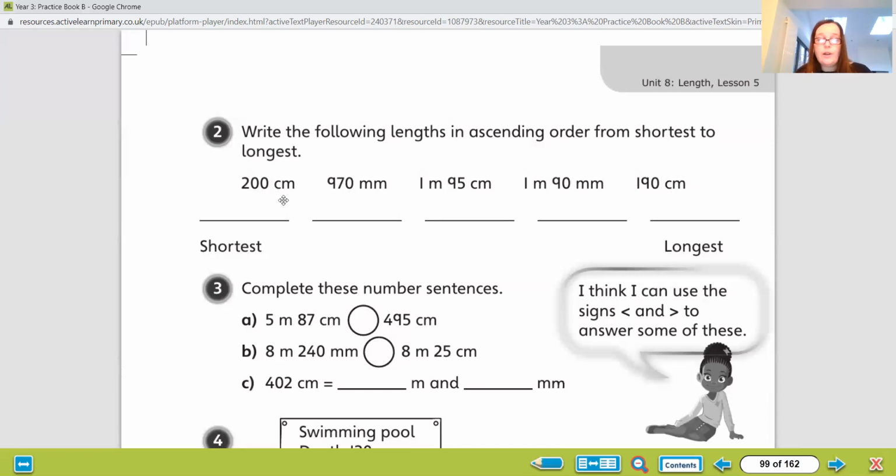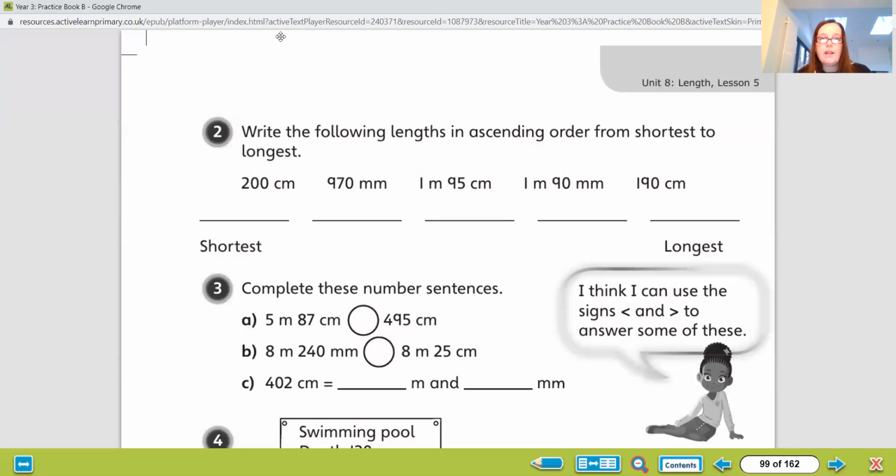The shortest unit we've been working with, the smallest value unit, is the millimetres. So let's have a look at the millimetre value. And it says 970 millimetres. And I know that that is exactly the same as 97 centimetres. There is nothing smaller than 97 centimetres here.